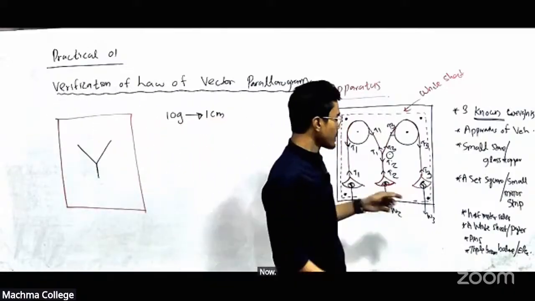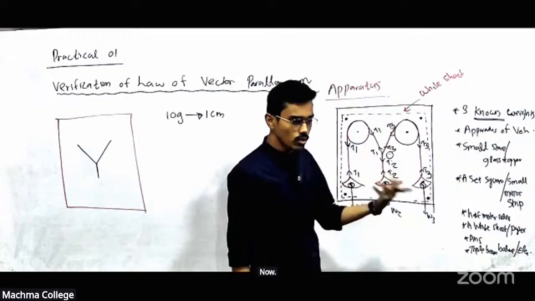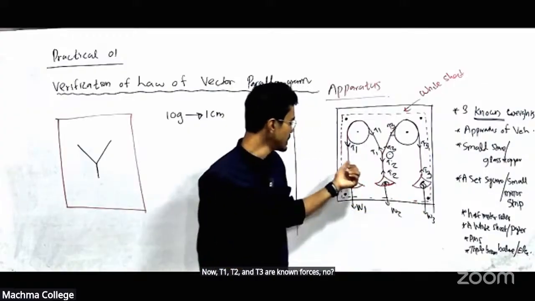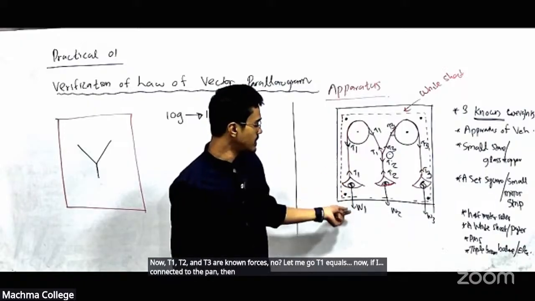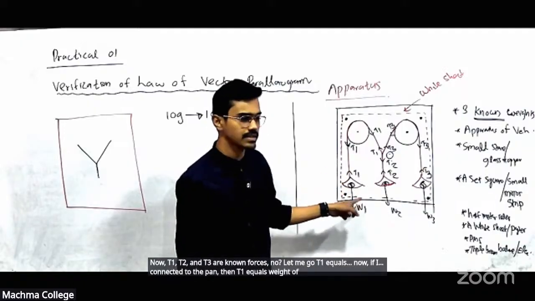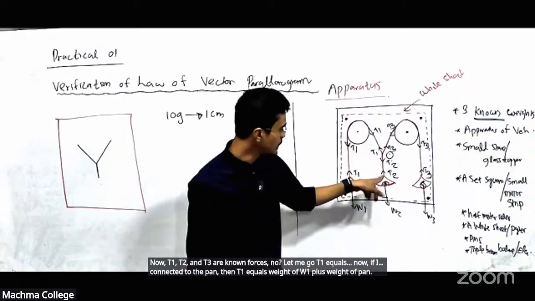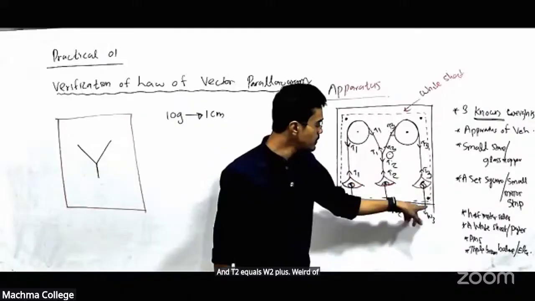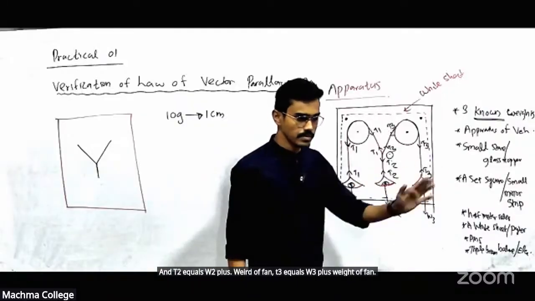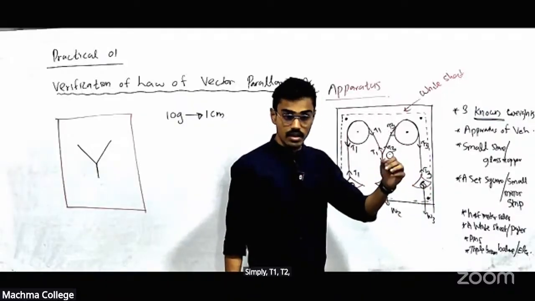Now, T1, T2 and T3 are known forces. If I connect it to the pan, then T1 equals W1 plus weight of pan, T2 equals W2 plus weight of pan, and T3 equals W3 plus weight of pan. Simply, T1, T2 and T3 are known.